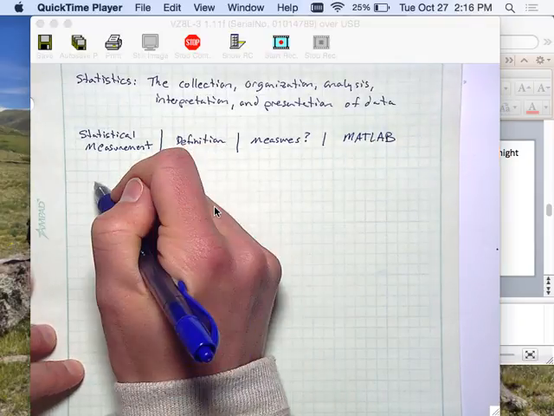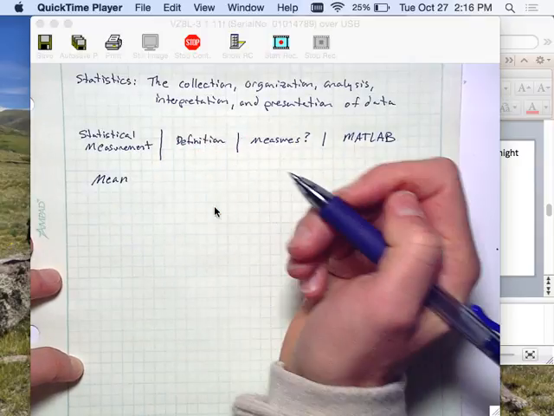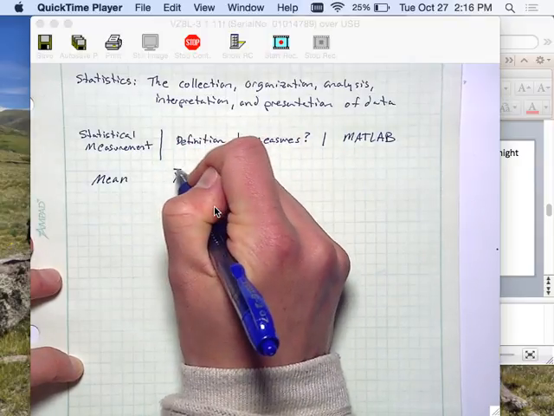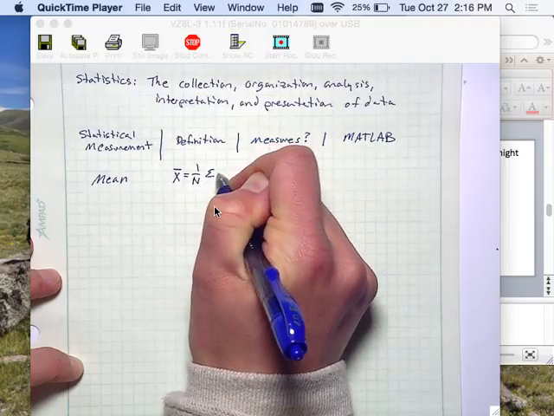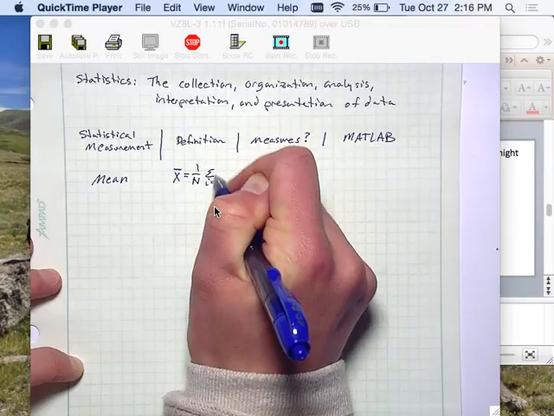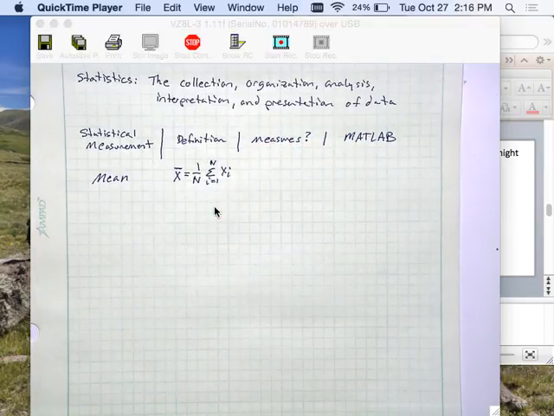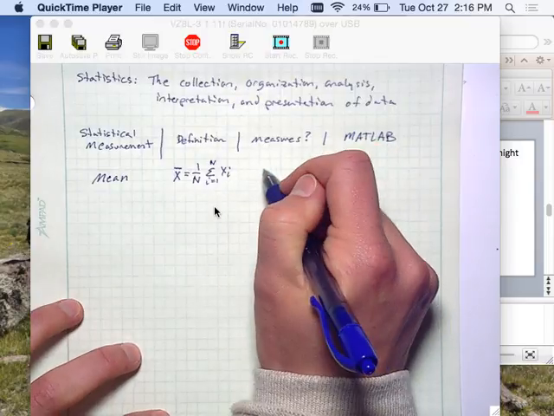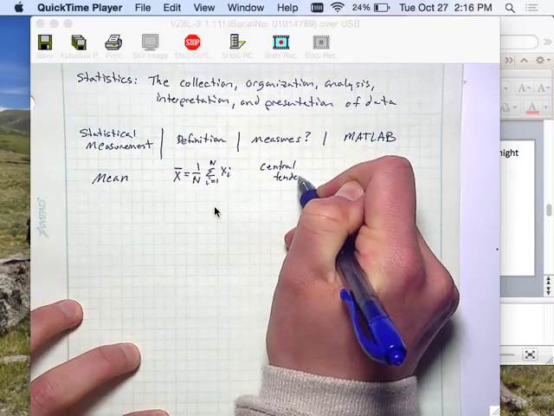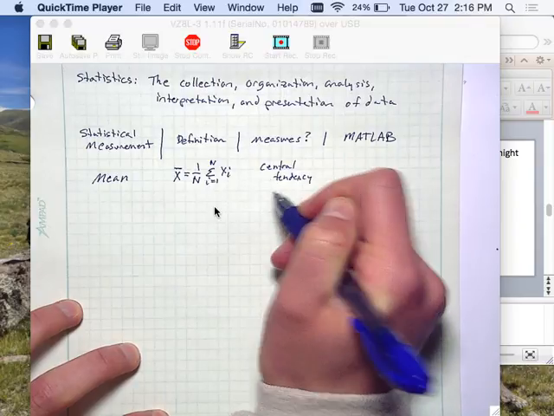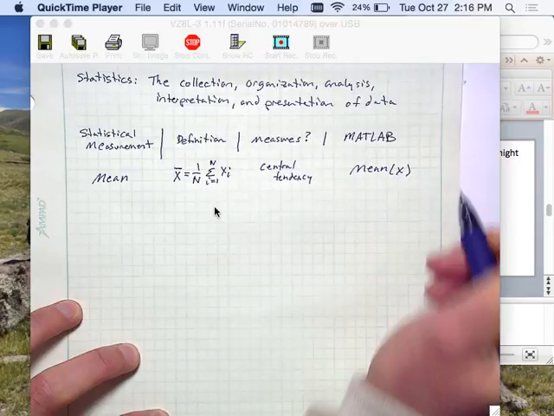So the first one is mean, which you've used, hopefully. The definition is the mean is equal to the sum divided by the number of elements, and it measures the central tendency. And it's mean of x, where x is our data.